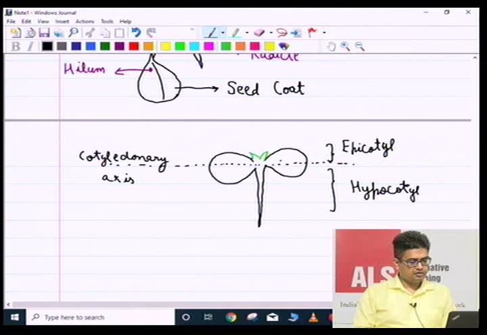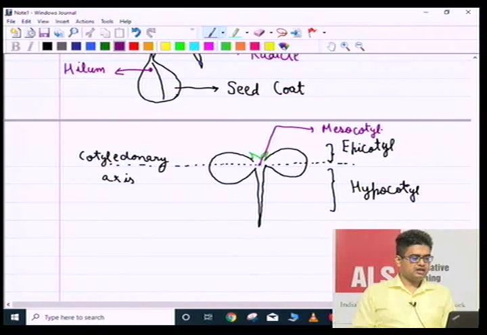The middle point is called the mesocotyl. And this part is called the plumule.